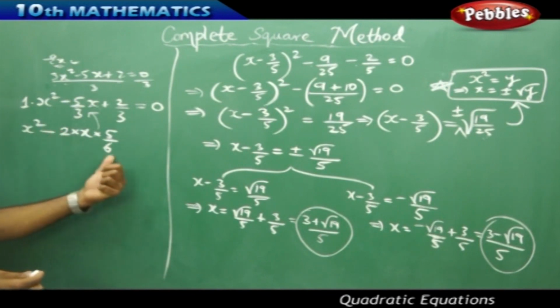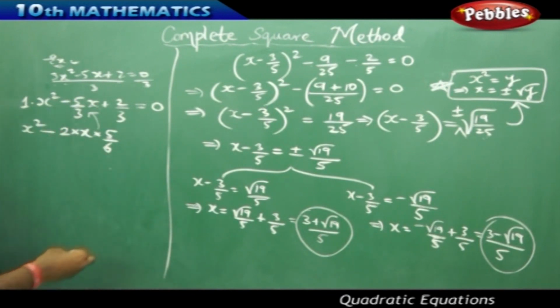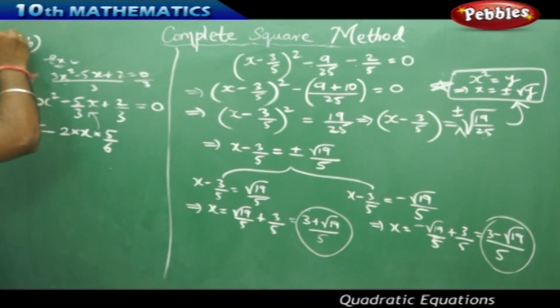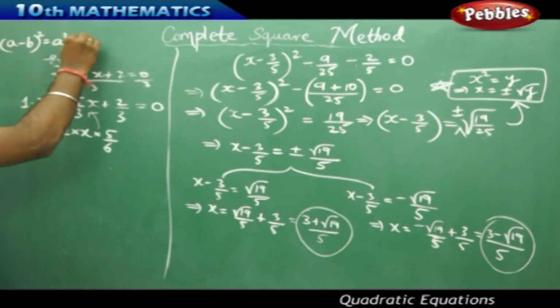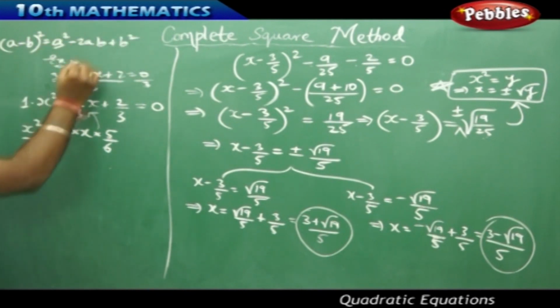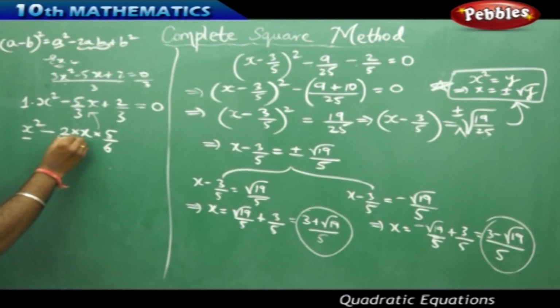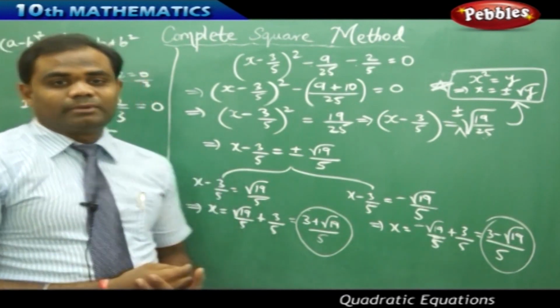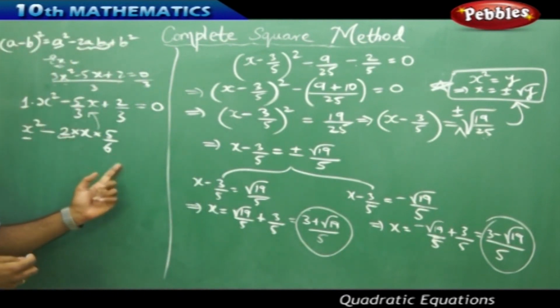The reason why I multiply here is that I have the formula a minus b whole square equals a squared minus 2ab plus b squared. Now this being a squared, I need 2ab, and hence the 2 is multiplied. It is essential to multiply by 2 and equally divide by 2.